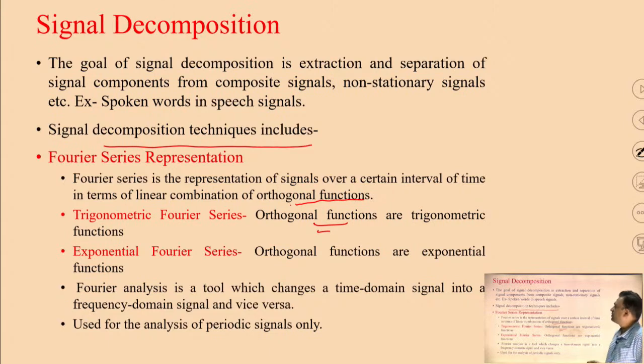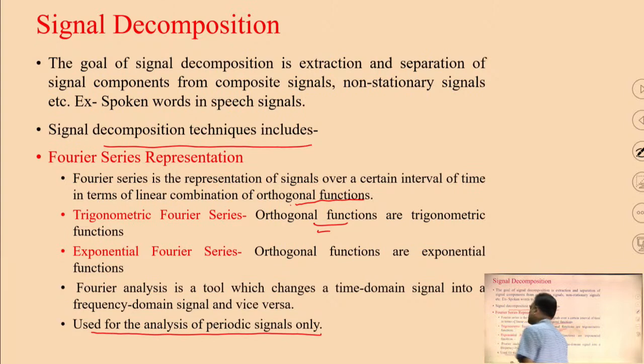But the limitation of the Fourier series representation is that we can analyze only periodic signals. Whenever we want to decompose a signal which is of periodic type, we generally use the Fourier series representation.